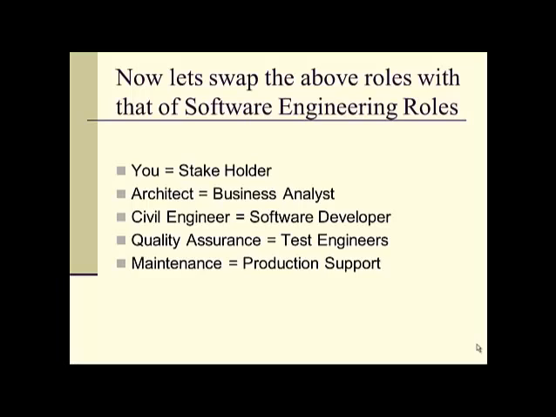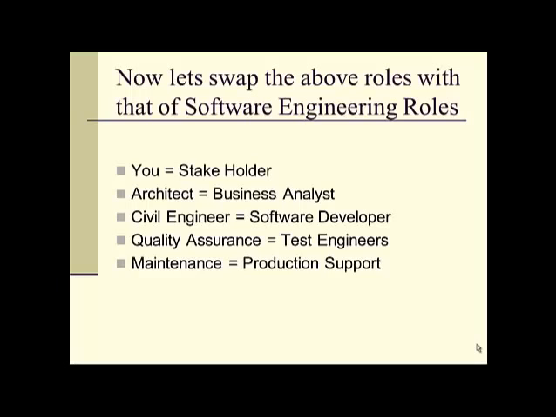So in an IT environment, the software developer will start working on the software. He'll start to build the software. And during this process, the quality assurance folks in the house example, they check to see if the house is being built as per your expectations or not.